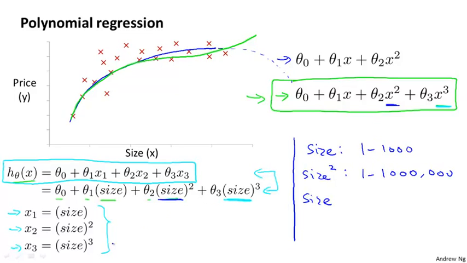And your third feature x3, which is the size cubed of the house, will range from 1 to 10 to the 9. So these three features take on very different ranges of values, and it's important to apply feature scaling if you're using gradient descent to get them into comparable ranges of values.